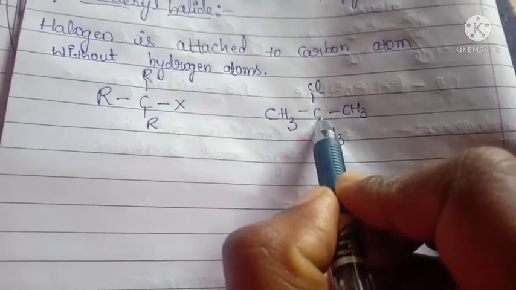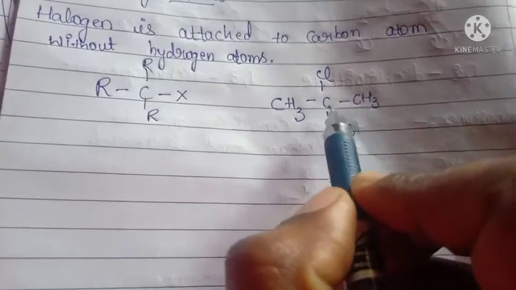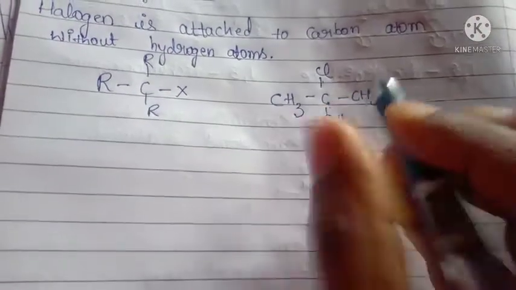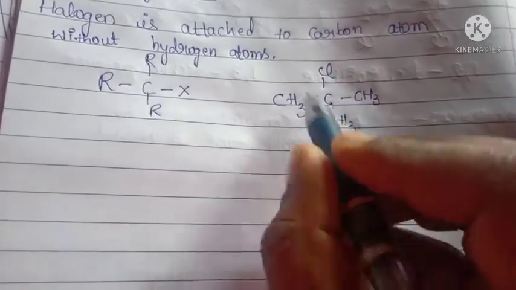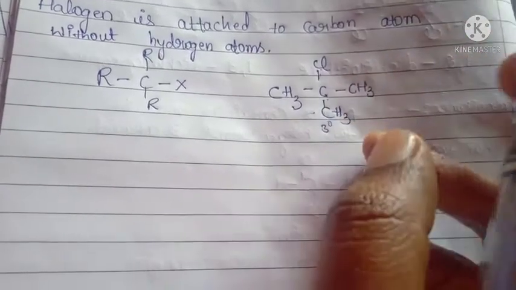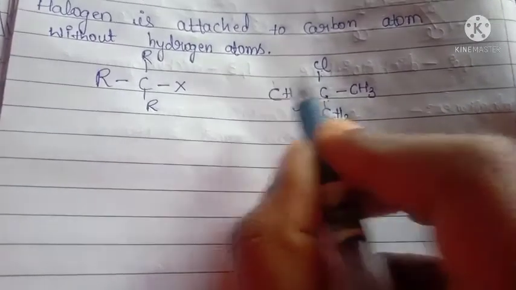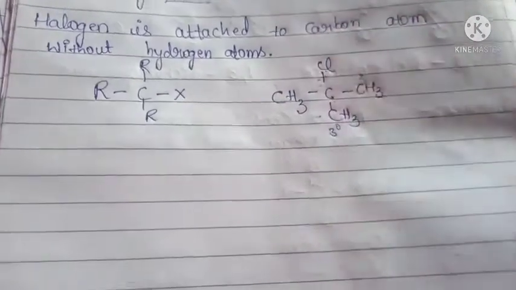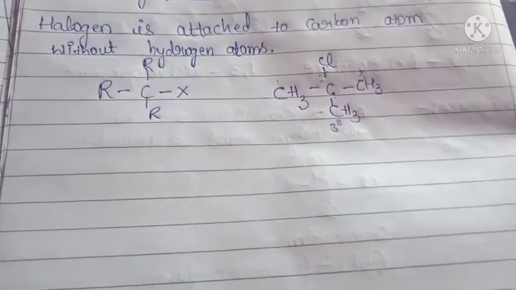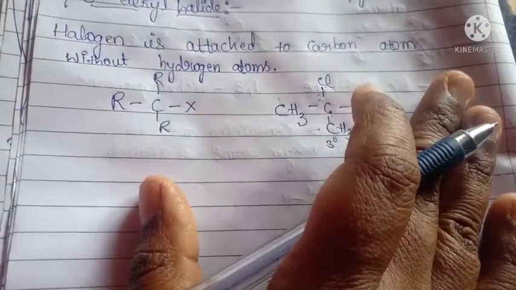This carbon atom should not contain any hydrogen atom, so this will be the tertiary. So this is trimethyl chloride. Okay, trimethyl chloride or 1,1,1 chloromethane. Okay, sorry, chloro 1 2 3. This is not a chloromethane, this is chloropropane. Okay, this is all about the primary, secondary, tertiary alkyl halide.